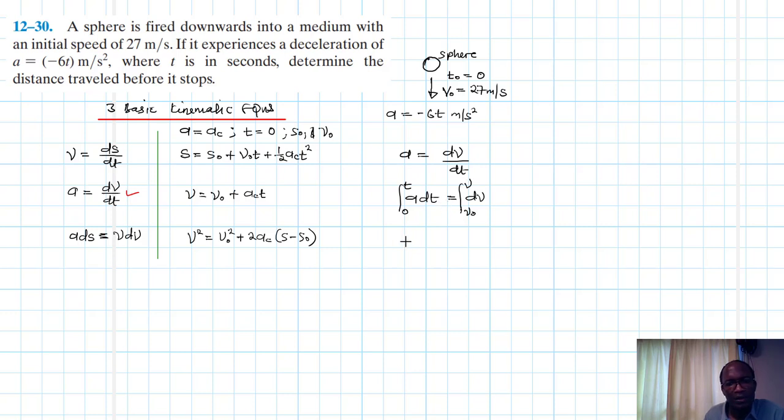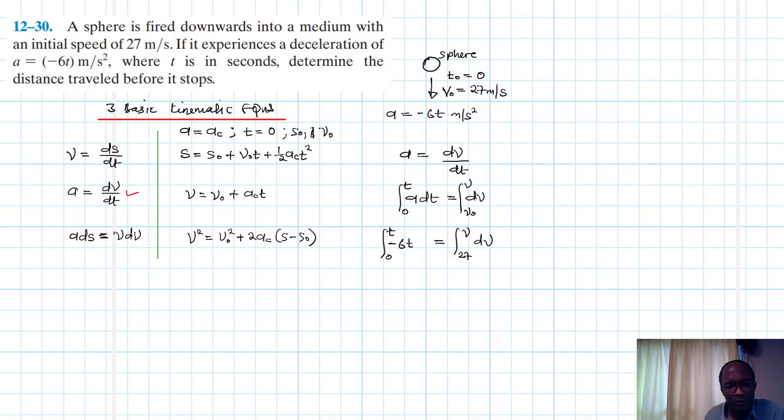So we have minus 6t dt integrating from 0 to t, equal to dv integrating from v naught, which we said is 27, to v. Let me move this a little bit.